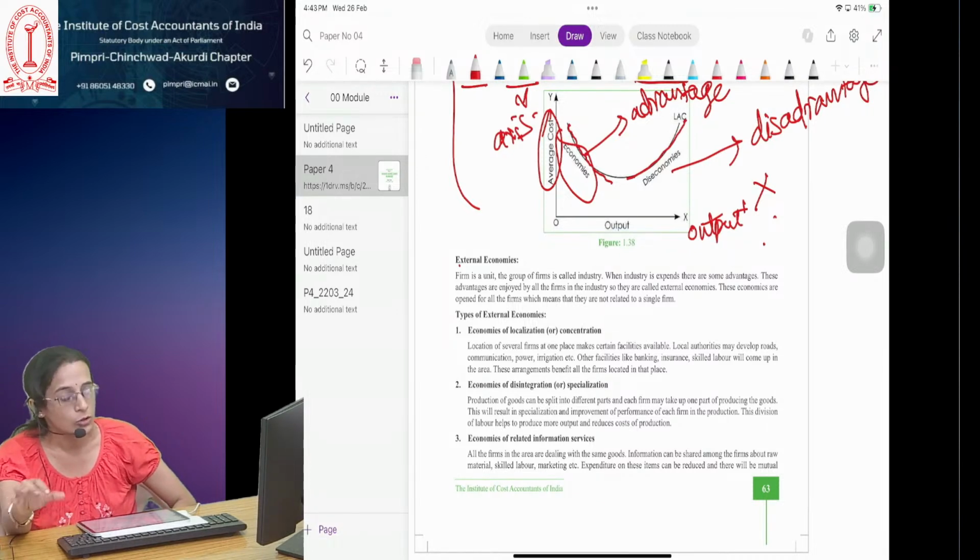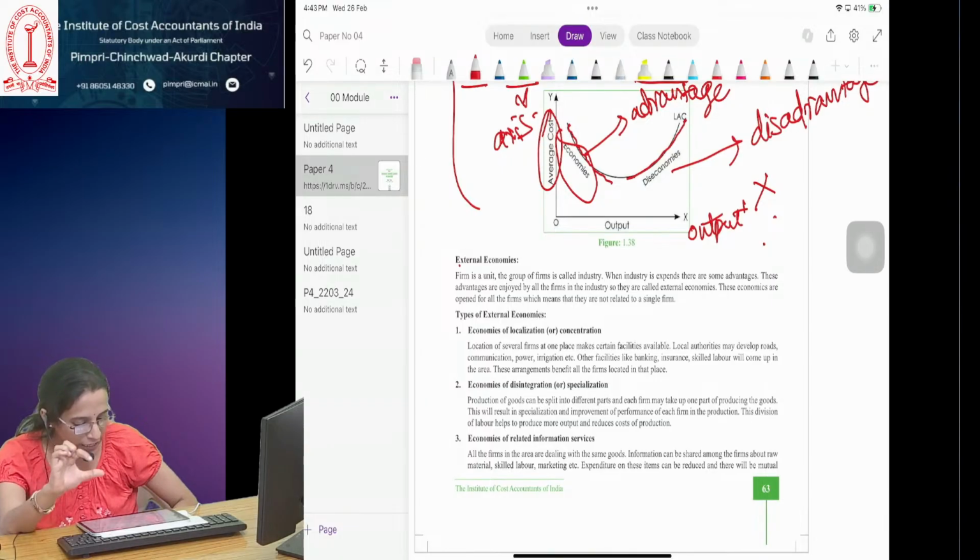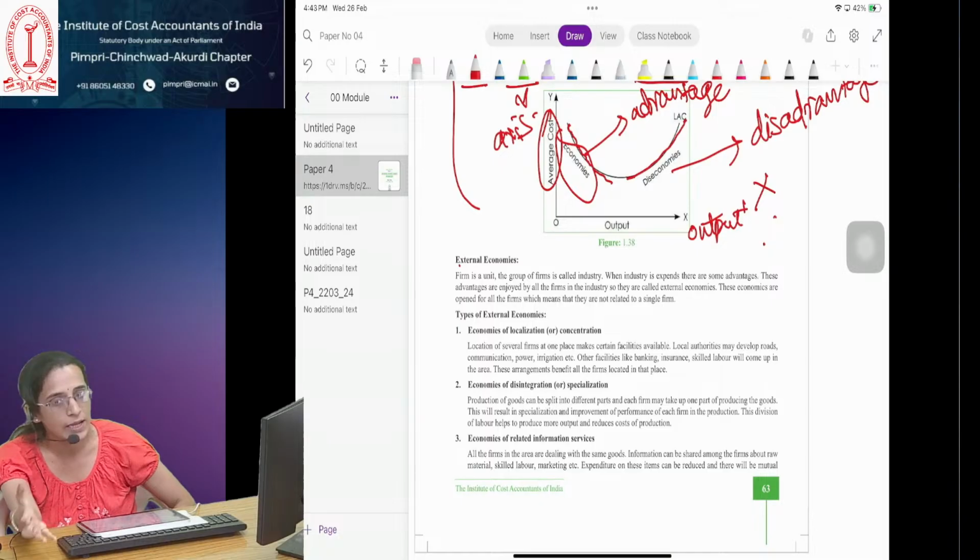So they are saying economies of localization or concentration. In that particular area, electricity will be freely available. It will not get disturbed. It will be in a continuous flow. Like we see, sometimes electricity goes off in our area, so that is a problem.